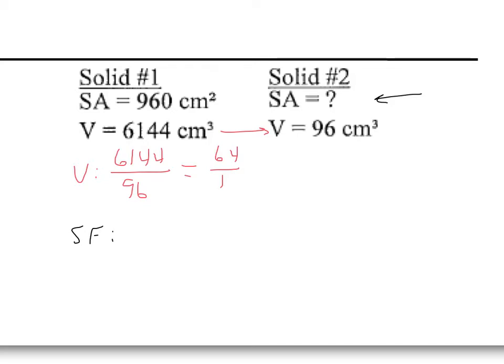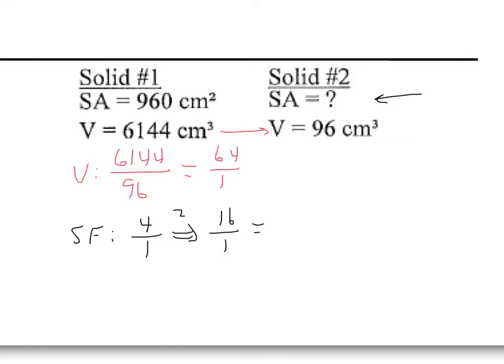What times what times what, being the same number, gives you 64? And that is, I had to think there for a second, 4. So 4 over 1, because 1 cubed is 1, and 4 cubed is 64. That now will be squared because I need to find a ratio of surface areas, and that would be 16 over 1.